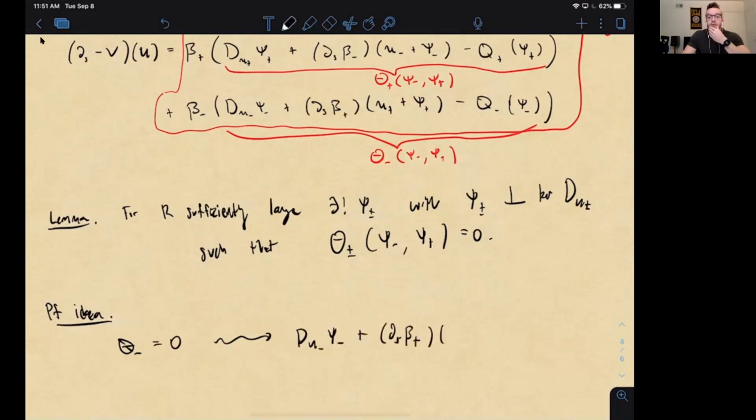Yes, so orthogonal means with respect to the L2 inner product. So I get 0 here, or I want this to be 0.